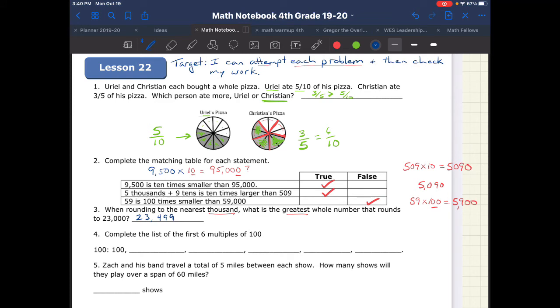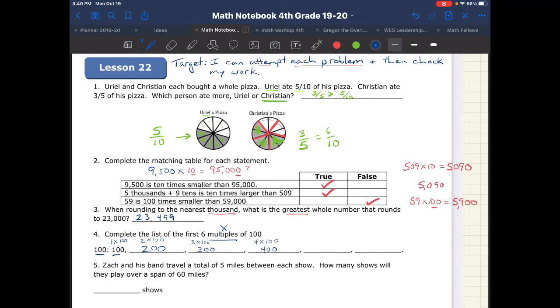Number 4, complete the list of the first 6 multiples of 100. Multiples means multiply, okay? And they're multiples of 100, so we're multiplying by 100. So the multiples of 100: 1 times 100 is 100. 2 times 100, that's the second multiple, would be 200. 3 times 100 would be 300. 4 times 100 would be 400.